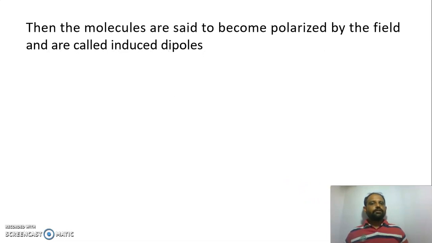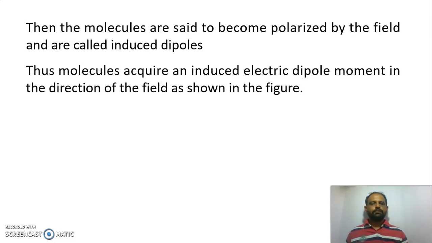Then the molecules are said to be polarized by the external field and are called induced, because due to the electric field they become a dipole. So they are called induced dipoles. Thus the molecules acquire an induced electric dipole moment, and this is in the direction of the field.